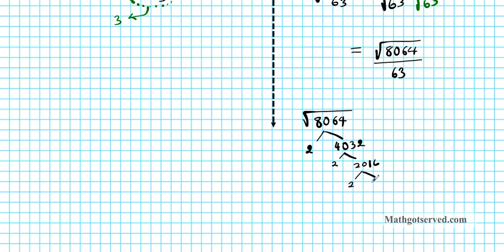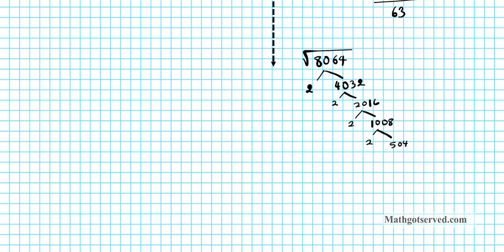I'll be left with 1,008. Can extract another 2. I'll be left with 504. Getting a little bit long here. Keep on going. So take out another 2 since it's still even, and take out a 2.